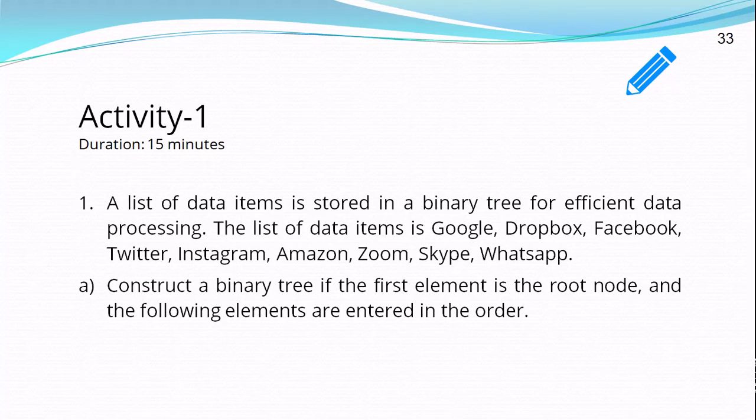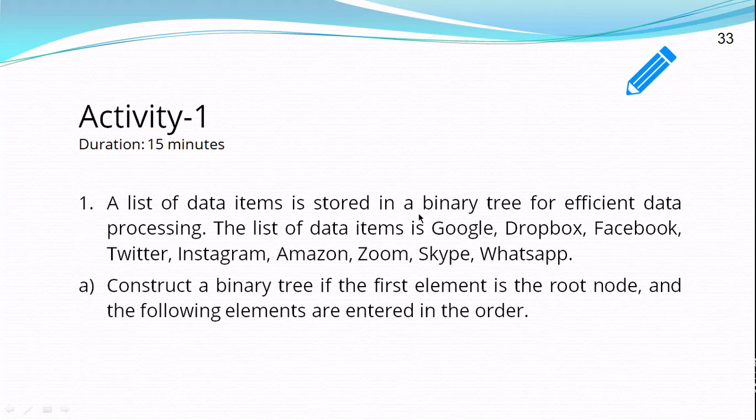Activities, what I'd like you to do at some point is to create a binary tree consisting of the strings: Google, Dropbox, Facebook, Twitter, Instagram, Amazon, Zoom, Skype and WhatsApp, and construct a binary tree where the first element is the root node and the following elements are entered in the order given.